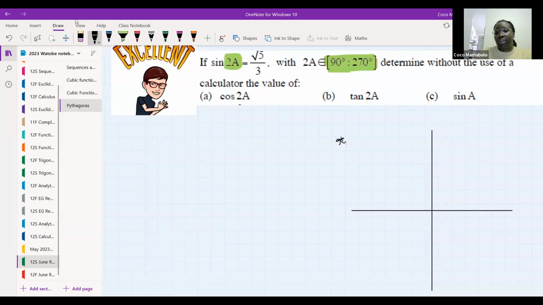So I know that sine of 2A is root 5 over 3, which is the same as y over r. So if I draw this over here and draw this down, I know that my y value will be root 5 and my r value will be 3. And then if I calculate for my x value, I'm going to get that my x value is -2.